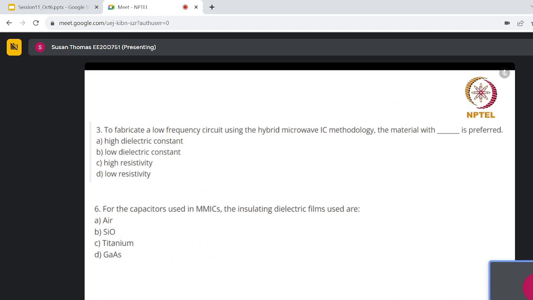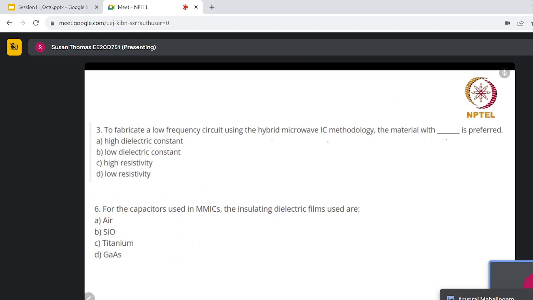Okay, moving on to the next question. To fabricate a low frequency circuit using the hybrid microwave IC methodology, the material with dash is preferred. Is it a high dielectric constant material or a low dielectric constant material? Is it a high resistivity material or low resistivity material?